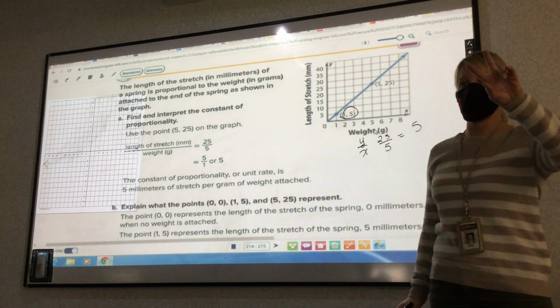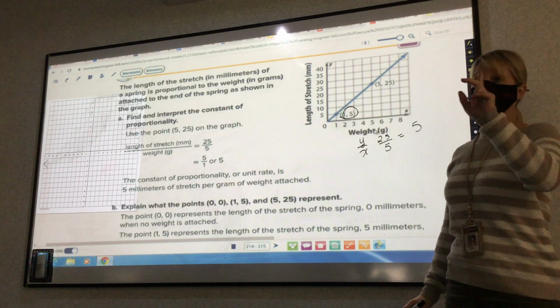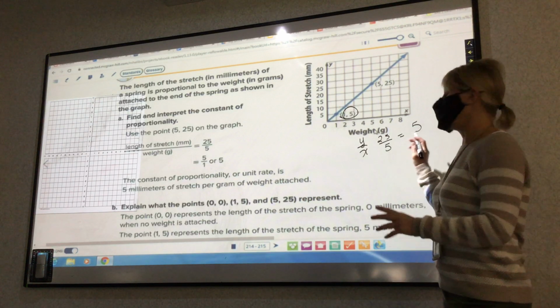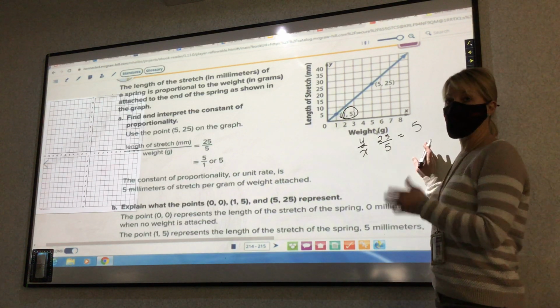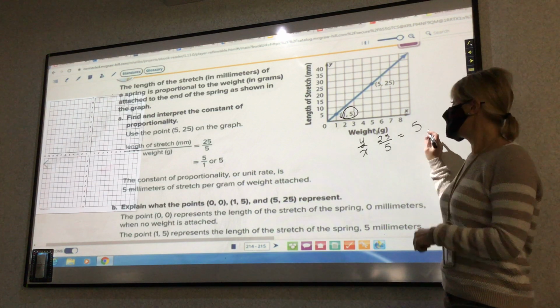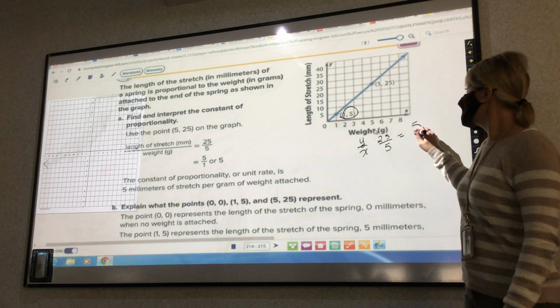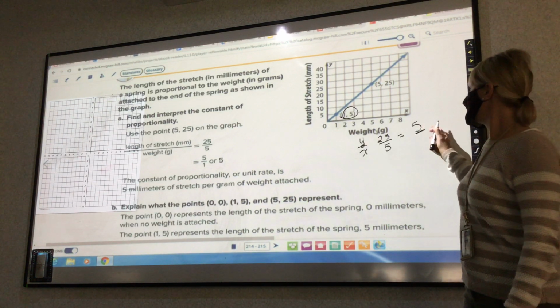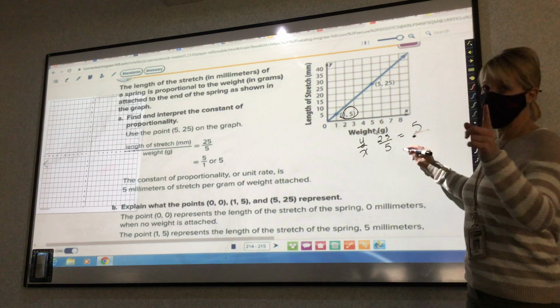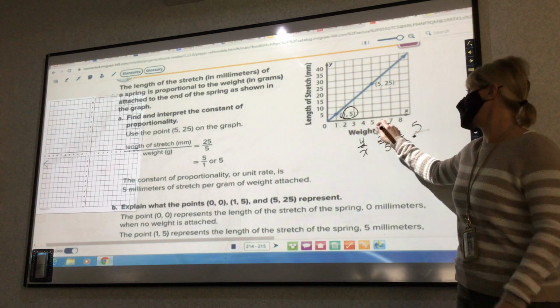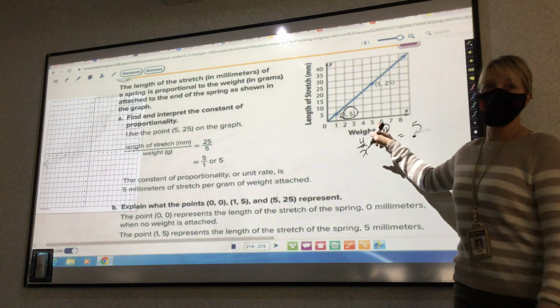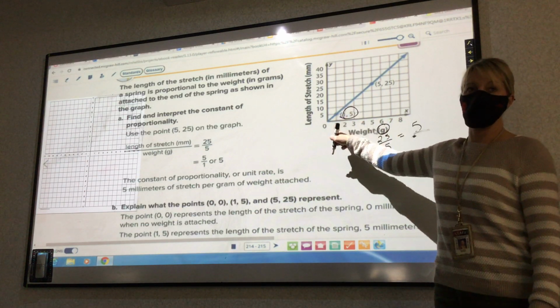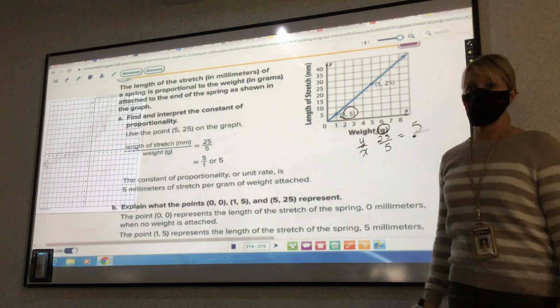So I'm going to give 2 examples with points, and then I'm going to use my unit rate: for every gram, it stretches 5 millimeters.